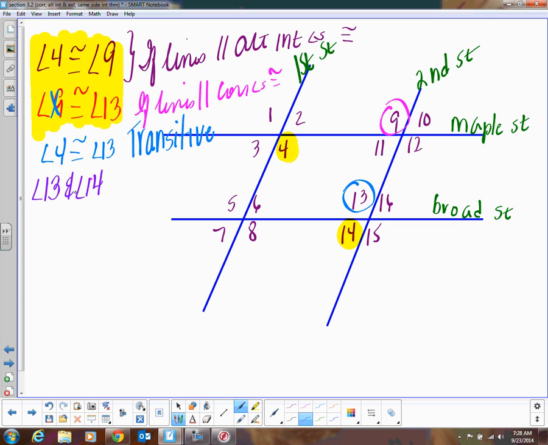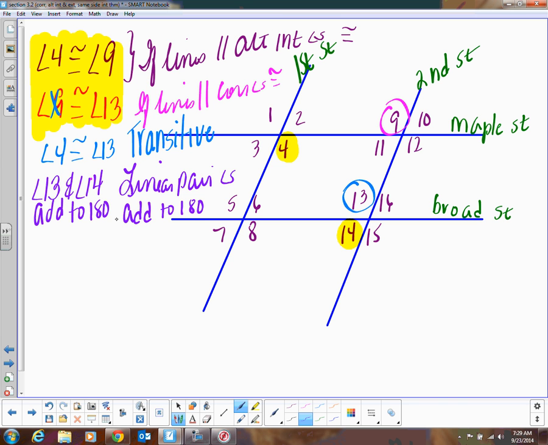Linear pair angles are what? So 13 and 14 add to 180. And what is the reason? Linear pair angles add to 180, or you could tell me are what? What's the supplementary? All right.